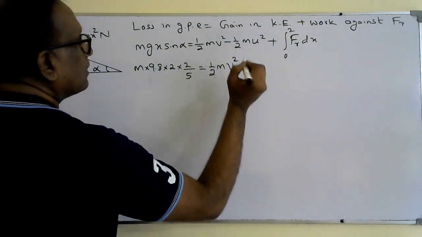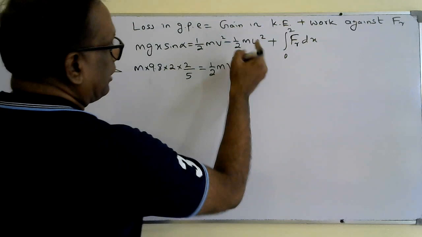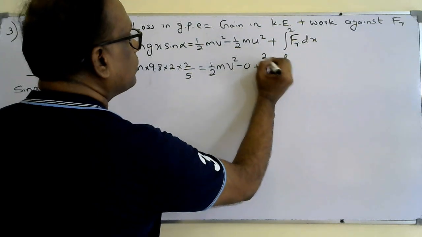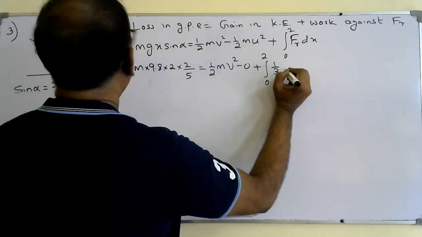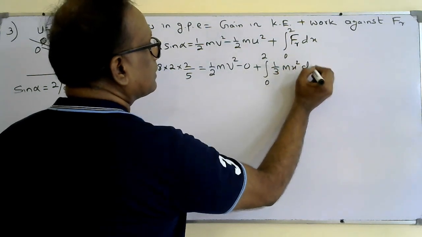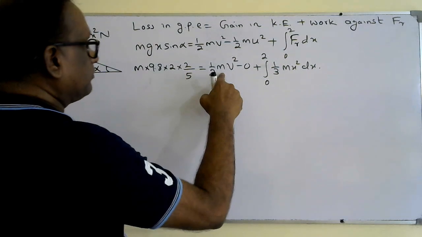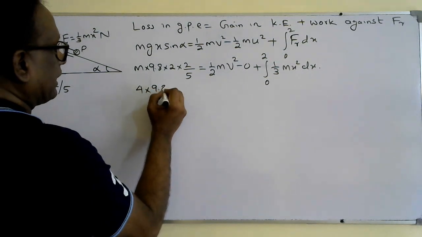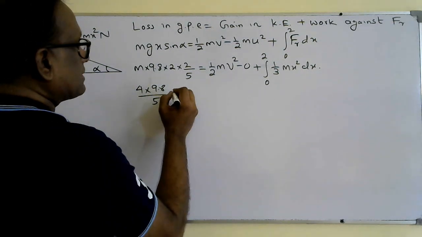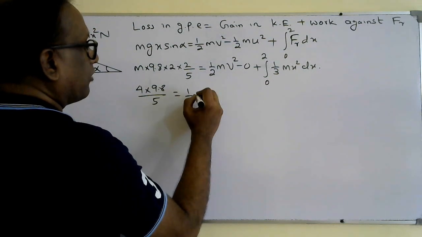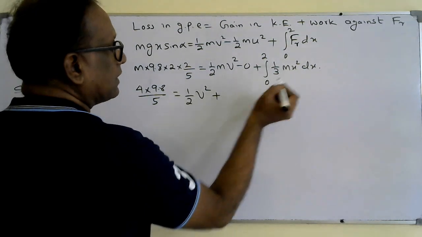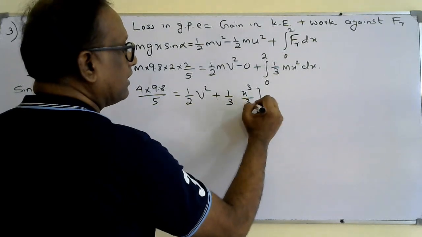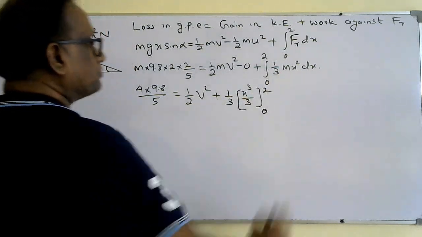I need to find this when the distance becomes 2, that's the question. u squared equals 0, sorry, plus the integral from 0 to 2 of Fr, which is 1/3 mx squared dx. m will get cancelled, so it's 2 times 2, 4 times 9.8 over 5 equals half v squared plus 1/3 times the integral of x squared, which is x cubed by 3, with limits 0 to 2.